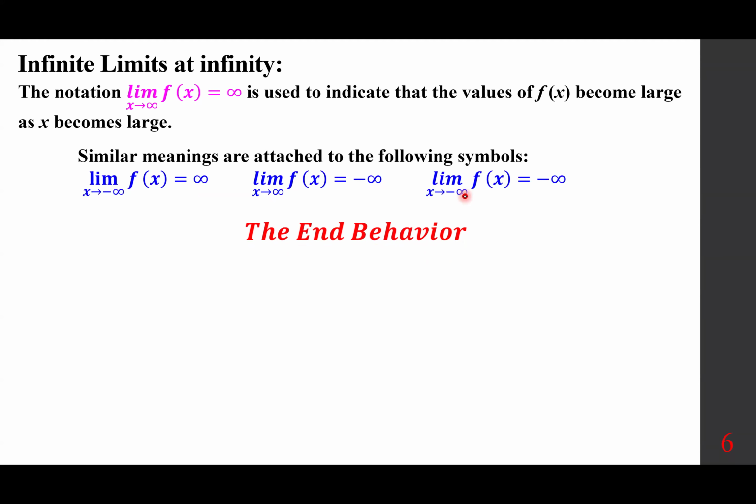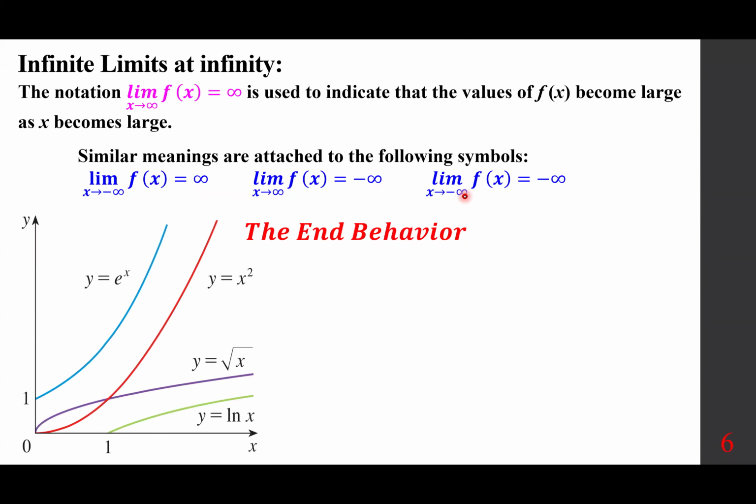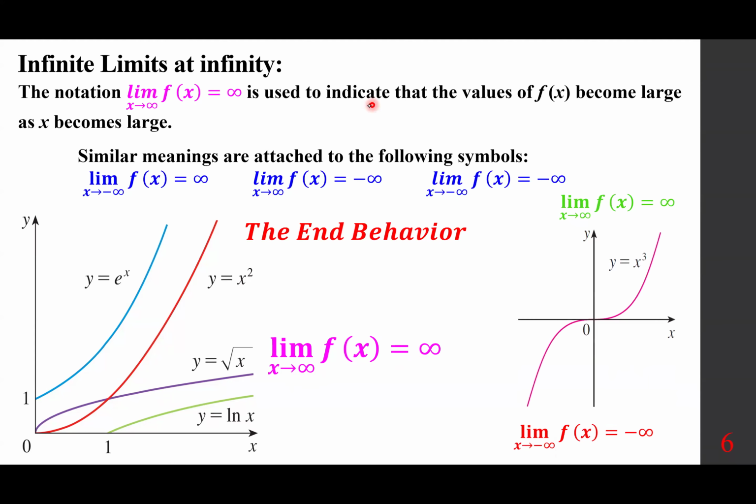So having said that, some of the functions we are familiar with: y equals ln x, y equals square root of x, y equals x squared, y equals e to the power of x. All of these functions, first quadrant, the limit of f of x as x approaches infinity is infinity. On the other hand, reminding you again about y equals x cubed, the cube function, the end behavior: the limit of f of x as x approaches infinity is infinity, first quadrant.